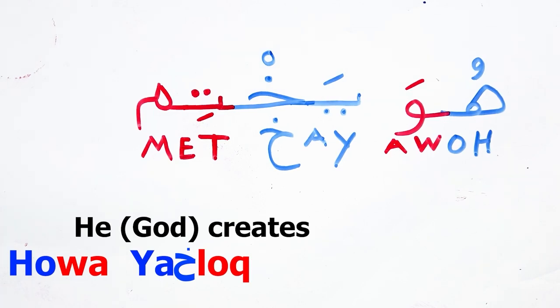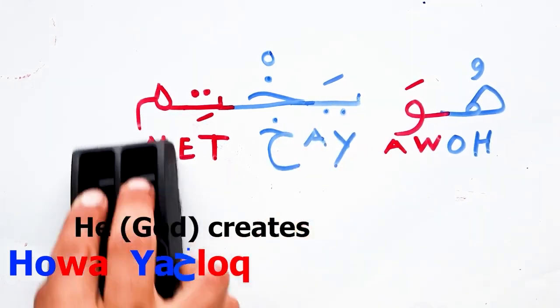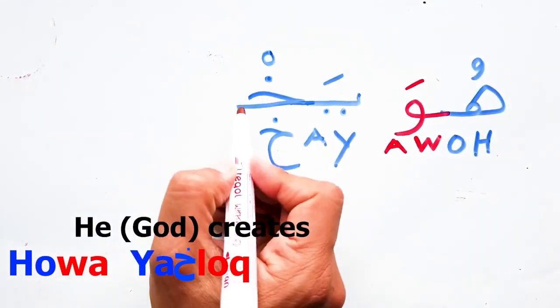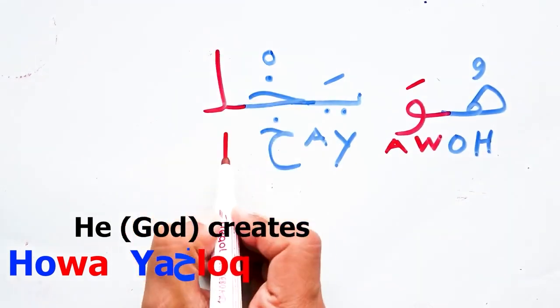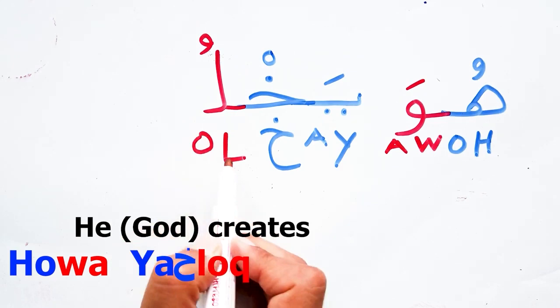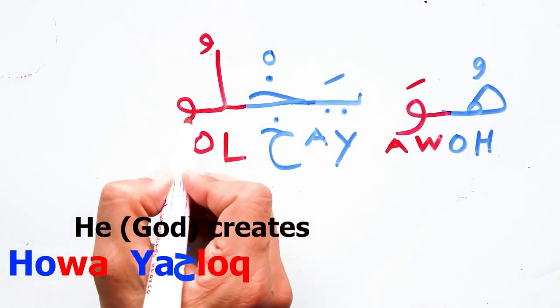هو يخلق. So this part is the same. Yakh. I'm gonna remove here. And I say yakh. The sound of L. And I say yakh. The sound of O. Lu. Yakhluq. Qa.